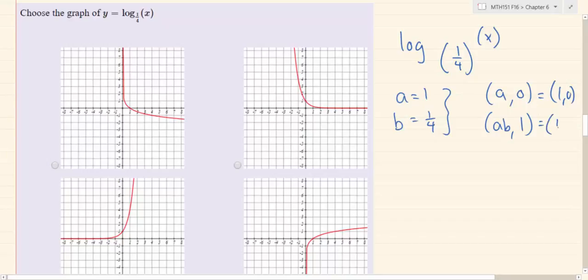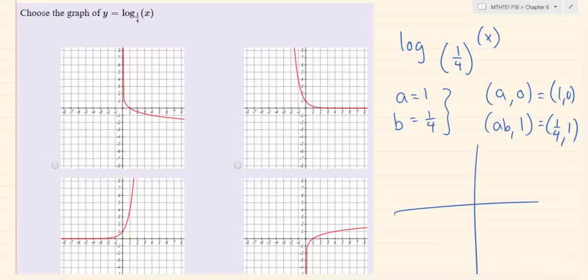But ab is going to be (1/4, 1). So if we were to graph this, (1, 0) is no problem. How do you graph (1/4, 1)? Your x-coordinate is 1/4, which is going to be like right here. And then you go up 1 unit. So this point right here is (1/4, 1).